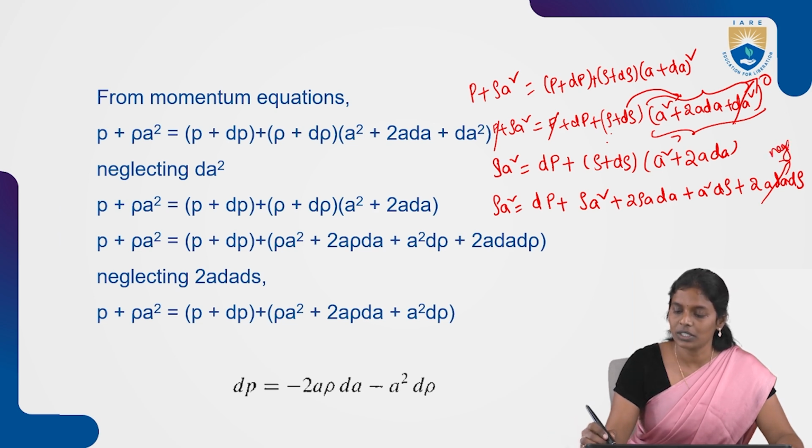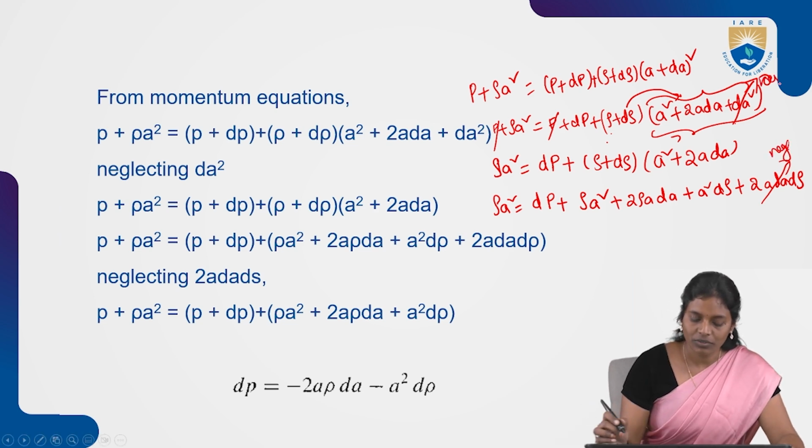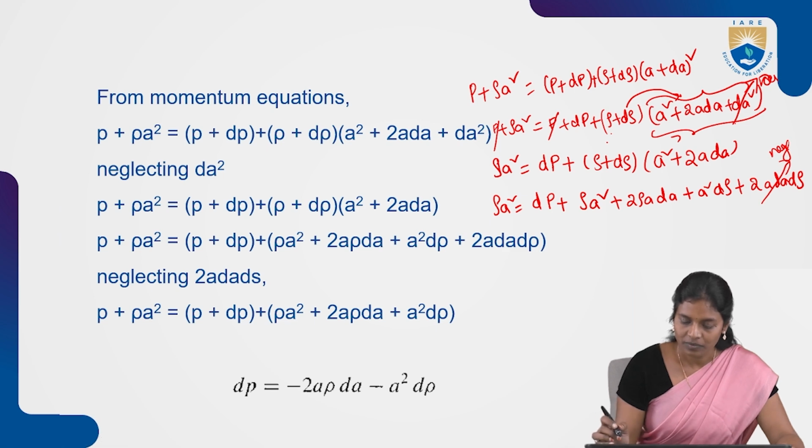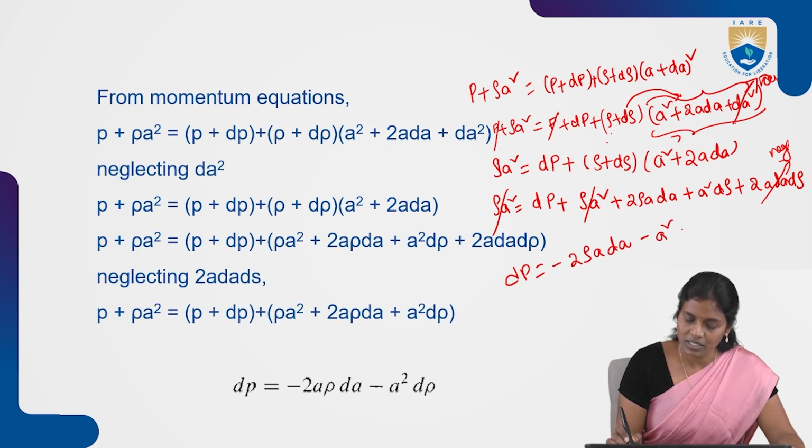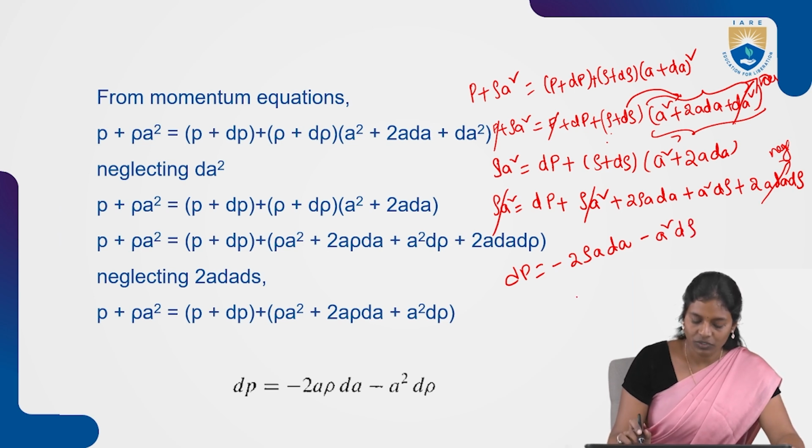Both sides have rho A square, which will get cancelled. So dP equals minus 2 rho A dA minus A square d rho. This is the expression which we got.